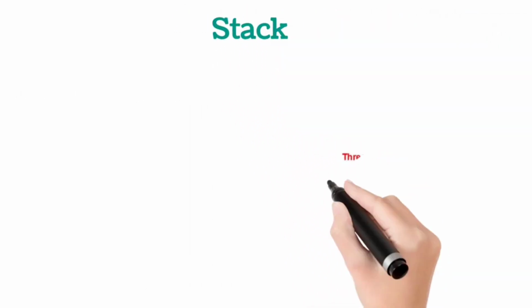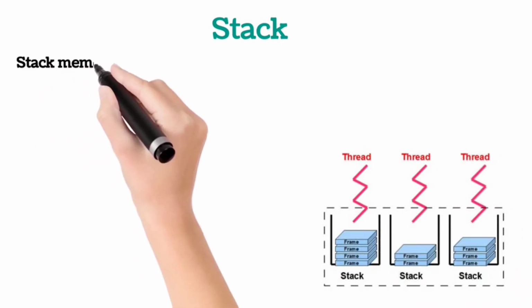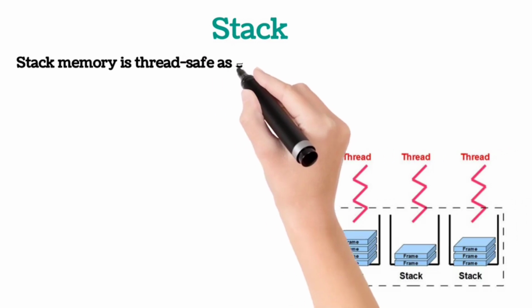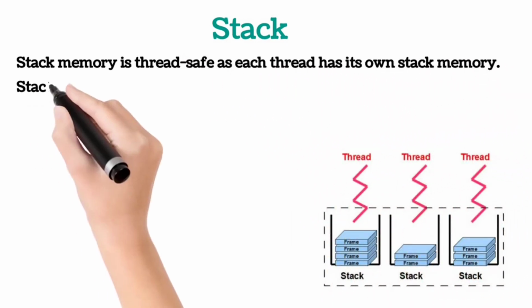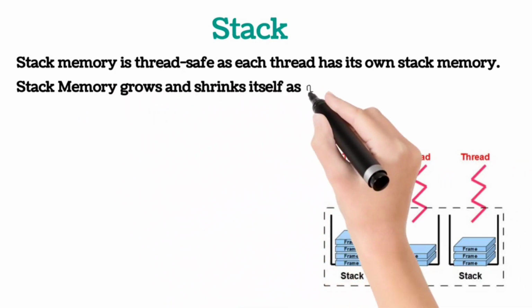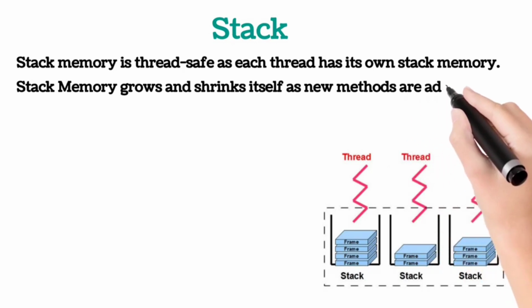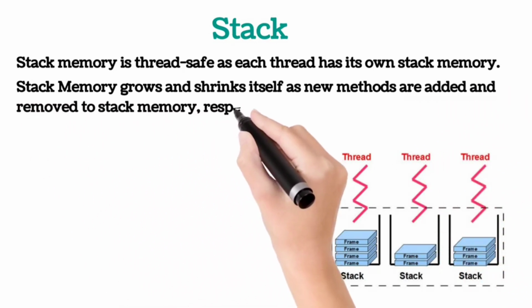What is stack? See this figure. Stack memory is thread safe as each thread has its own stack memory. Stack memory grows and shrinks itself as new methods are added and removed to stack memory respectively.